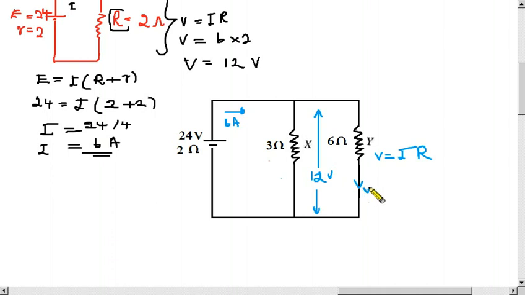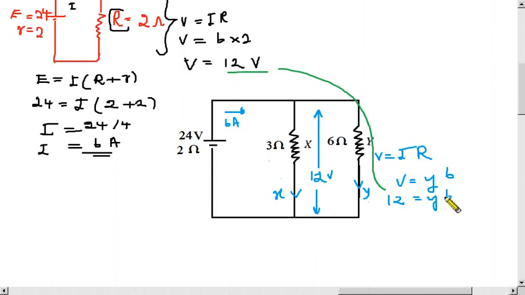The current say Y, current suppose X, then V equals Y times 6, V means 12, here 12, Y times 6, Y equals 2.